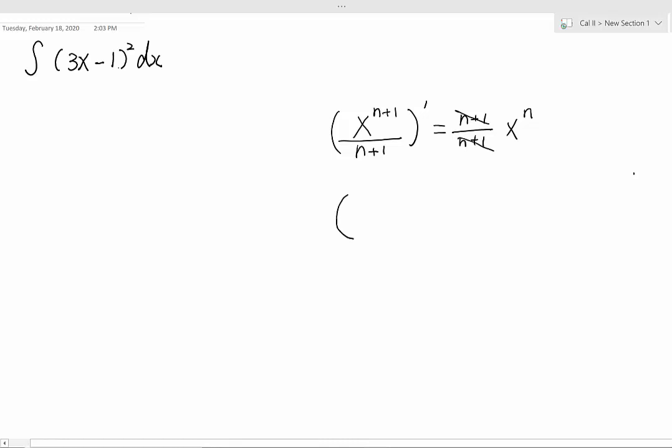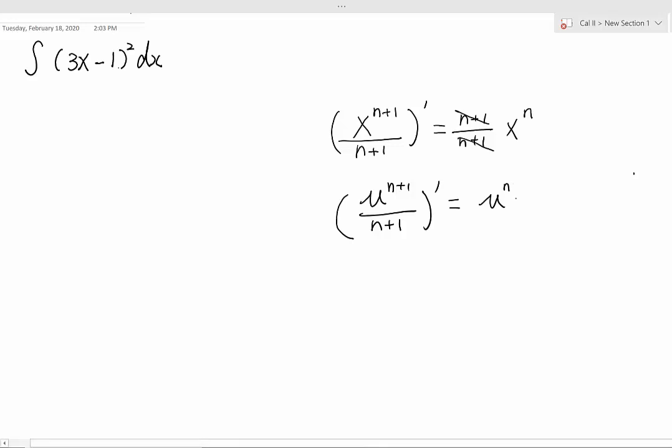Now we consider if we have u as a function of x, u to the n plus 1 over n plus 1. Take the derivative. Now we follow the same formula on the top, so I'm going to get u to the nth. However, remember, we have to follow the chain rule because it's not x anymore, it's a function of x.